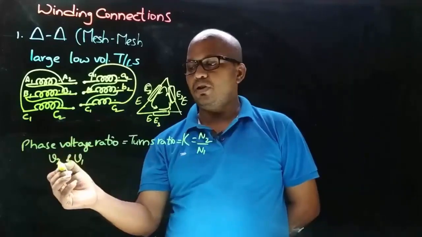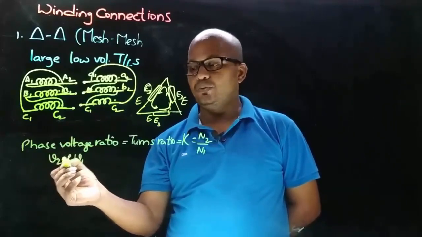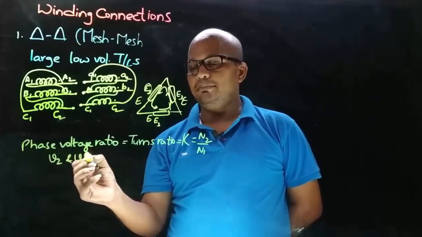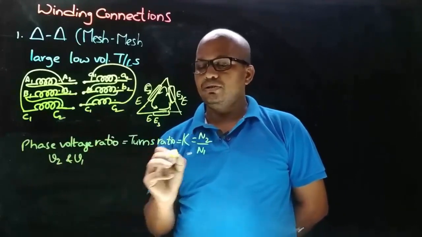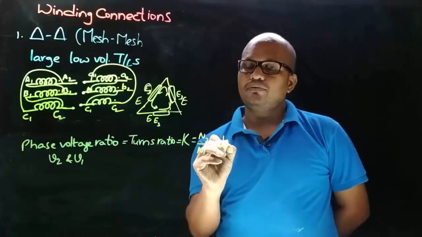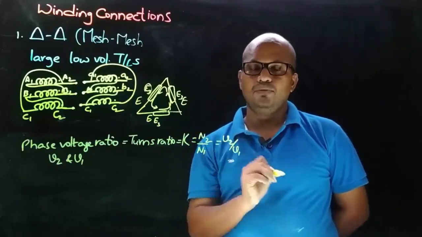Let small v2 be the secondary side phase voltage and small v1 be the primary side phase voltage. So that can be taken as equal to v2 by v1.